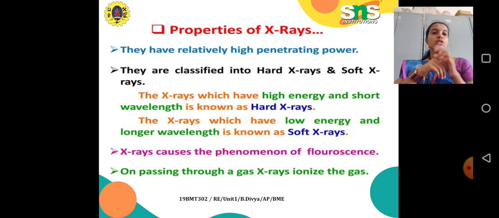They are classified into two types: hard X-rays and soft X-rays. X-rays which have high energy and short wavelength are called hard X-rays.